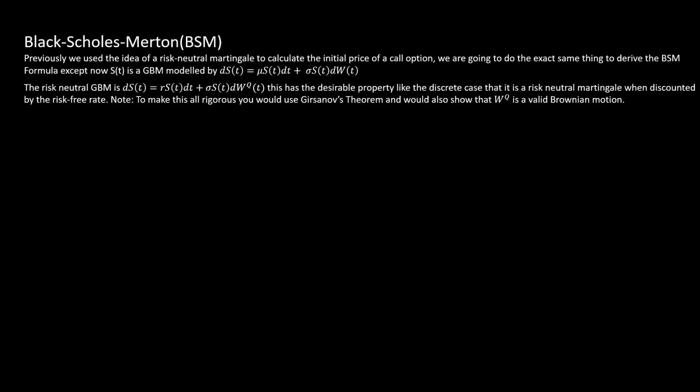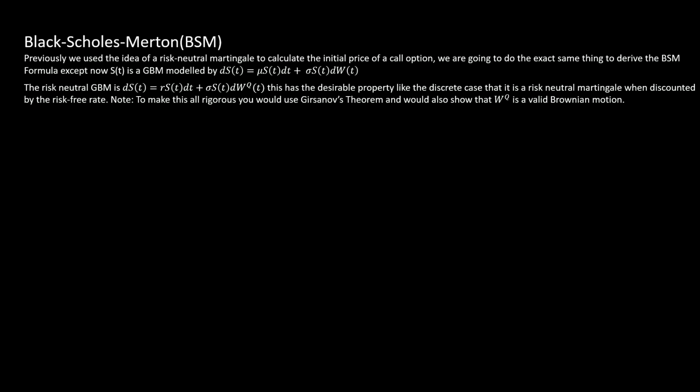This is all a bit hand-wavy, and to make it more rigorous, we'd have to use a theorem called Girsanov's theorem, and a bit more calculation to show that the Brownian motion W-tilde, which is a Brownian motion under this new risk-neutral measure, is actually a valid Brownian motion. But we're just going to skip over these points.